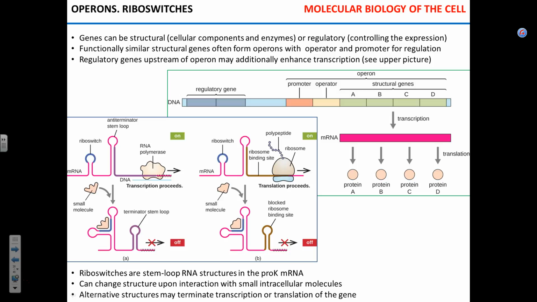Remember we discussed that when DNA is wrapped around them, it's inaccessible for expression. Does that make sense? When it is unwrapped, it's accessible. So that's one level of regulation, one level of control. Now we're going to talk about two more. The concept of bacterial operons and riboswitches.